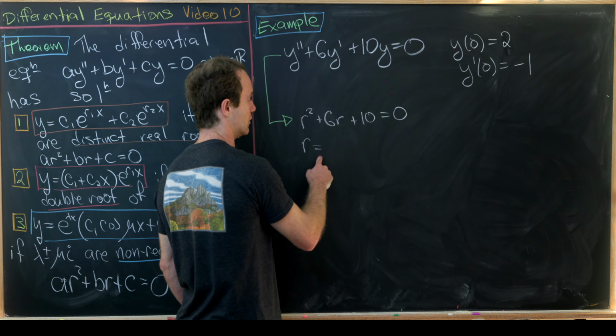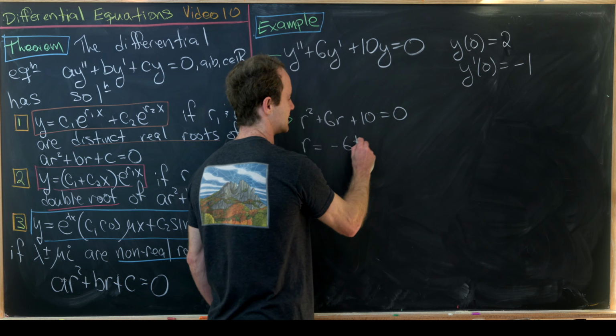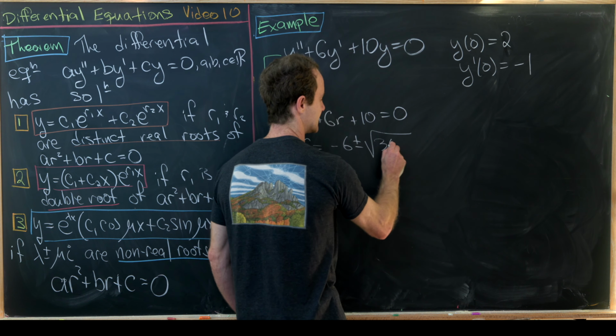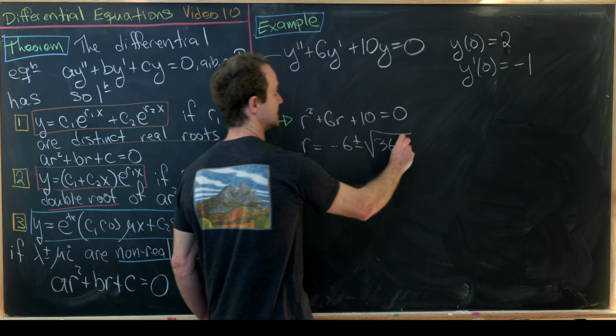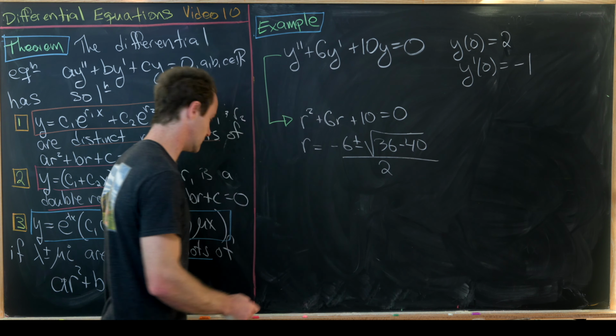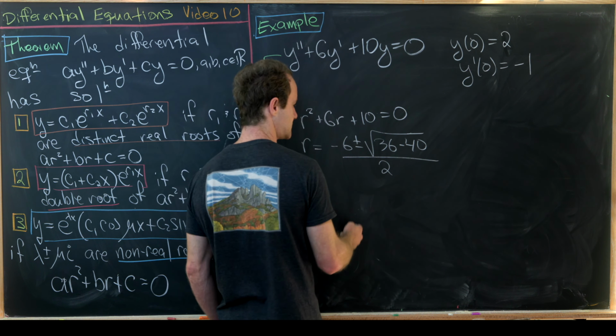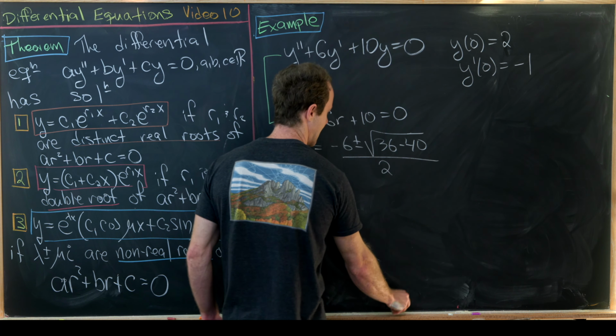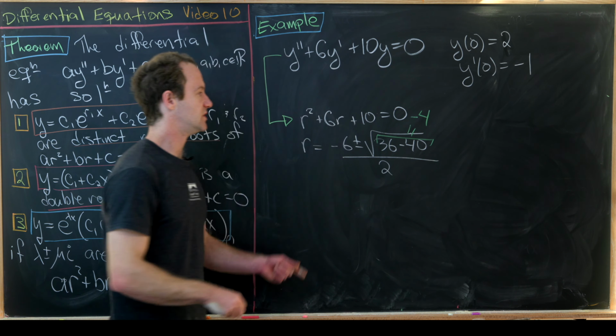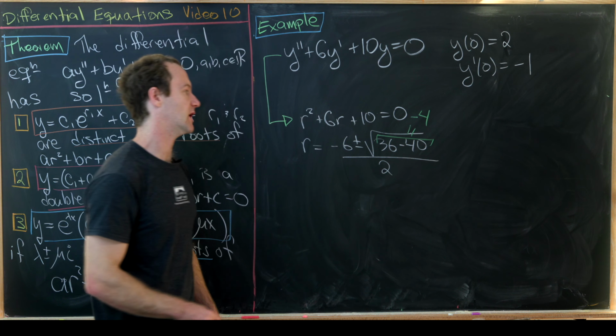So we'll know r will be negative b, so that's minus 6, plus or minus the square root of b squared, that's 36, minus 4ac, so that's minus 40, and then this is all over 2. Okay, good. So let's notice that 36 minus 40 is equal to -4. You take the square root, you get 2i.